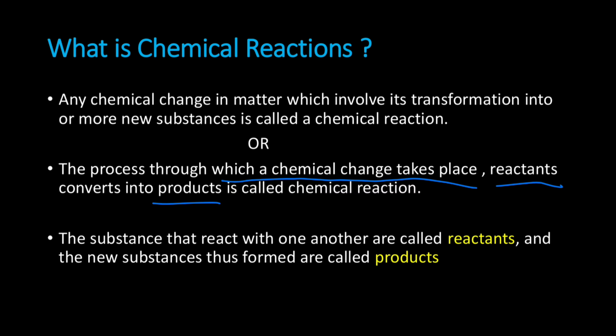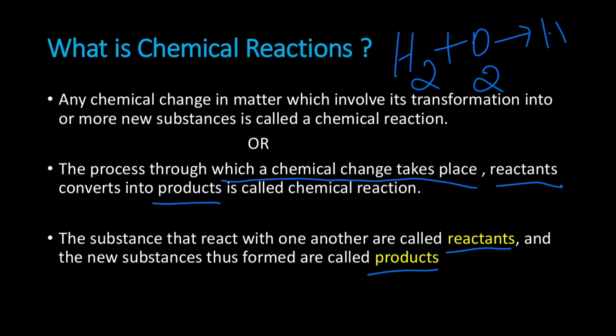That process is called a chemical reaction, where the reactants convert into products. Okay, so the substances that react with one another are called reactants, and the new substance thus formed is the product, right? For example, H2 gas reacting with oxygen gas will give you H2O, right?